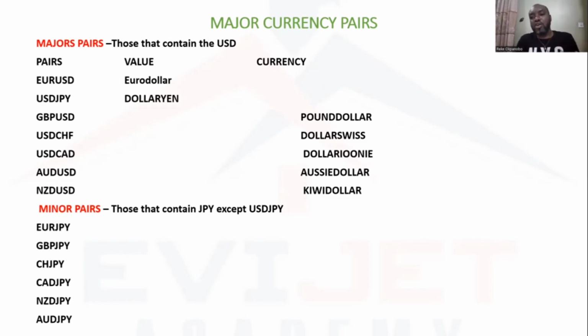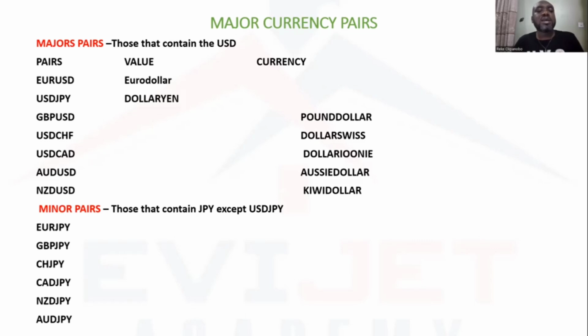Okay, so major pairs. I already mentioned major currencies, but these are major pairs. So which are the major pairs? Please take note. The major pairs are those pairs that contain the major currencies that contain USD. They are called the major pairs, except the JPY.